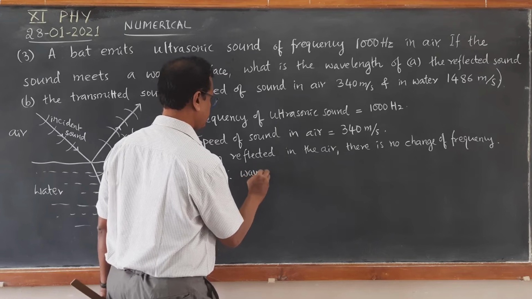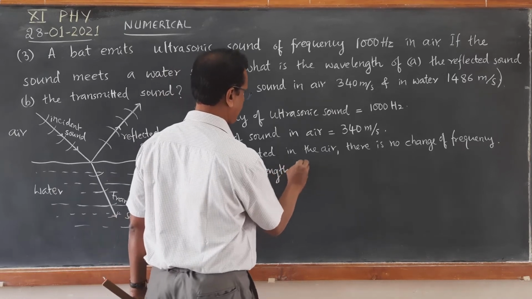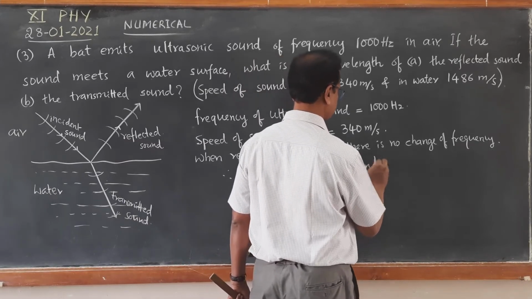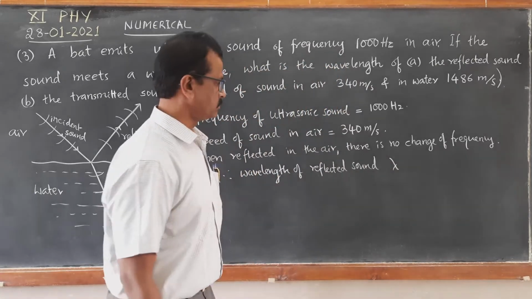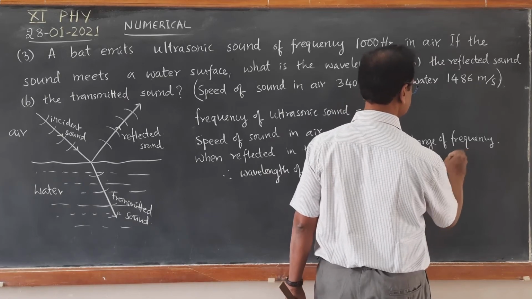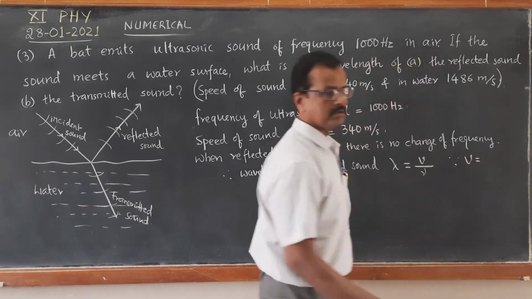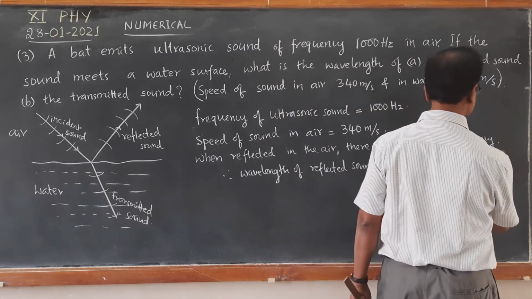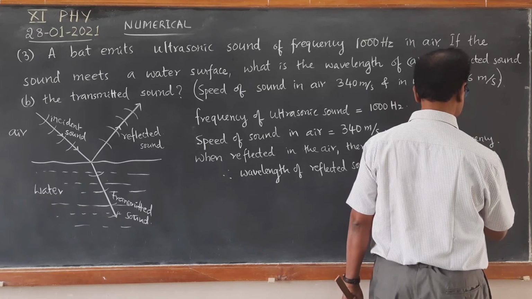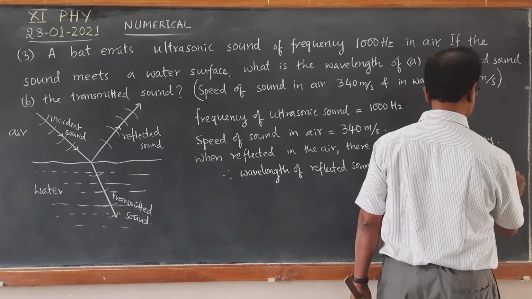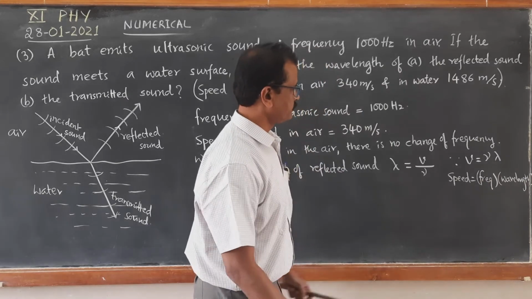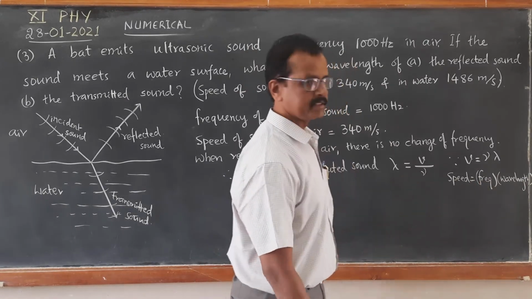Therefore, we can calculate now the wavelength of reflected sound. Wavelength of reflected sound is equal to V by nu, because we know that speed is equal to frequency into wavelength. Therefore, wavelength is equal to speed by frequency.